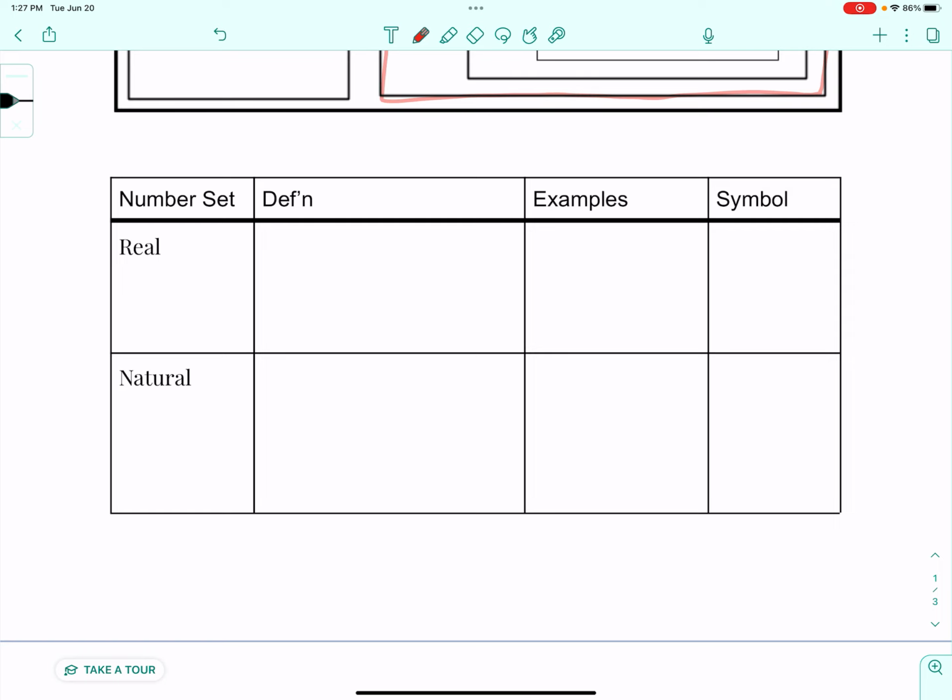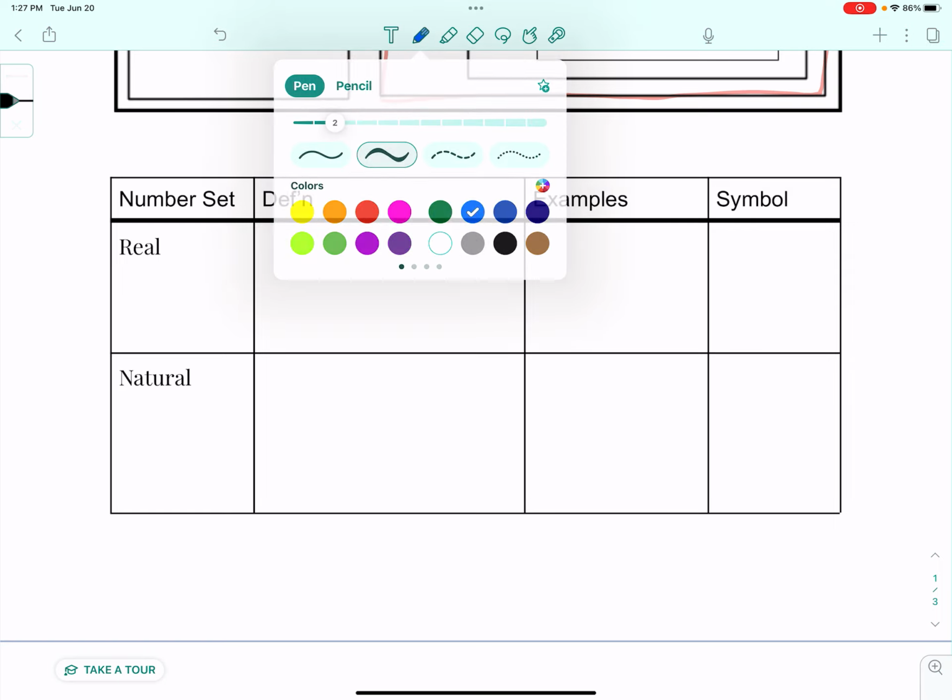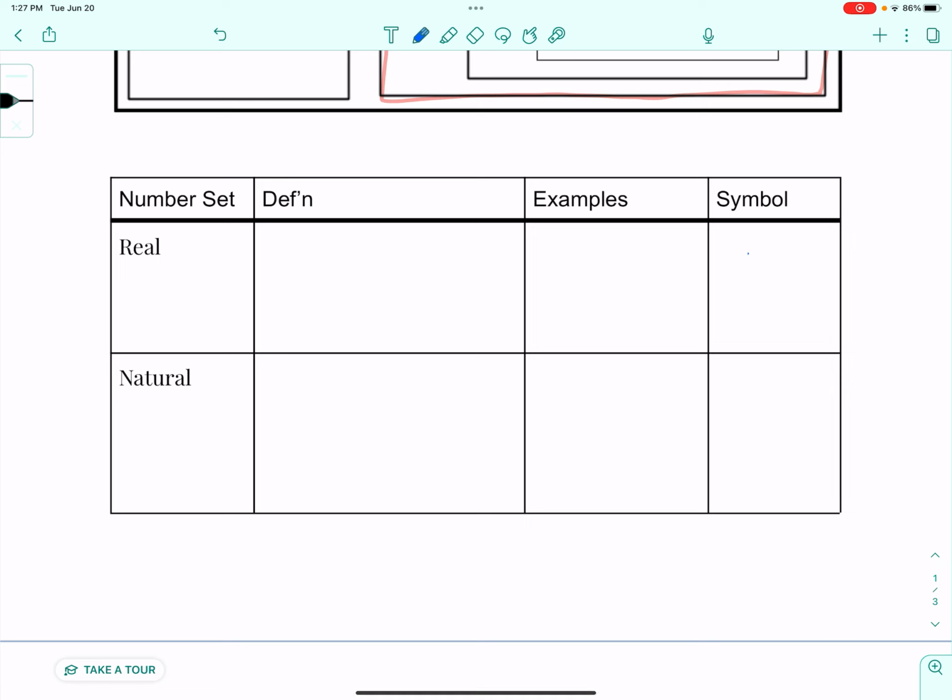Let's look at the real numbers first. When we talk about the real numbers, we use an R with a double leg in the back. We already said this. I'm going to say it one more time because some of you, it'll be the first time. The real numbers are all the numbers you know.